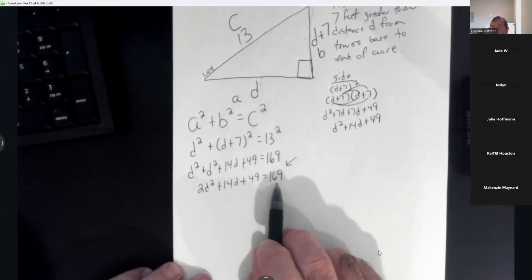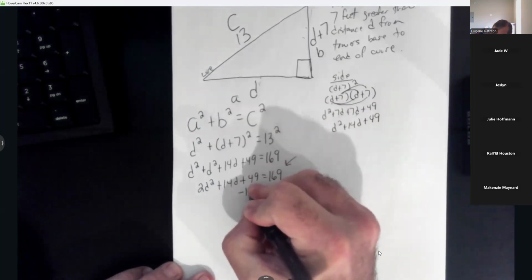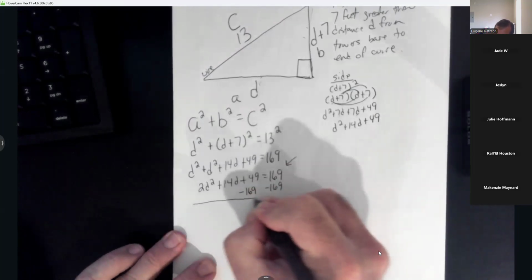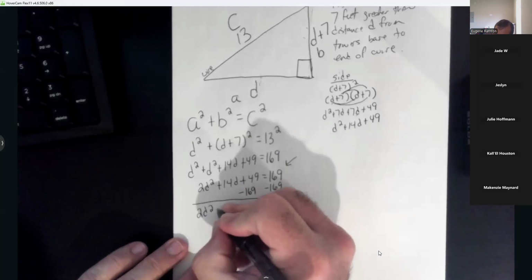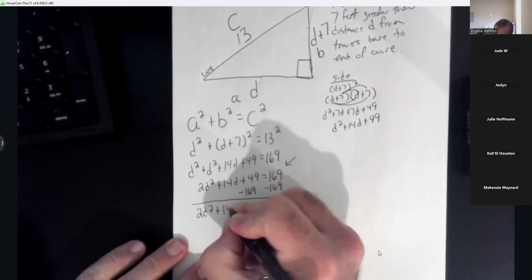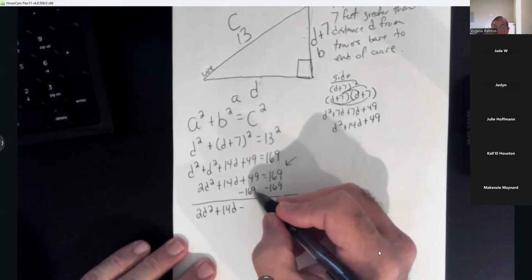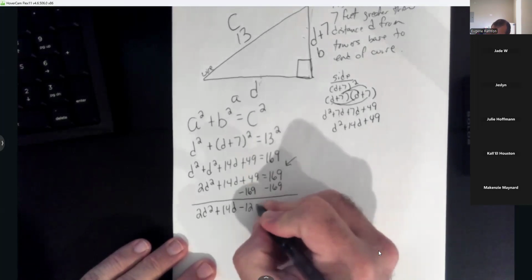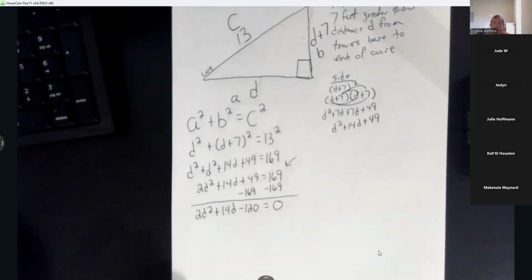So to make this a 0, I'm going to subtract 169 from both sides. That's going to give me my 2D squared plus 14D minus 49 minus 169 gives you a negative 120. All that equal to 0.